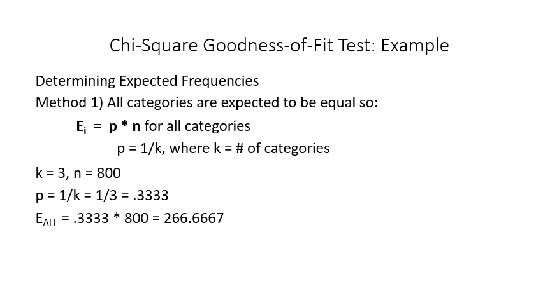The expected is going to be the same for all categories, 266.67. You notice I put it out to 4 decimal places here because I prefer, before you get to the final step, it reduces rounding errors. But if you did it just to 2 decimal places here, I wouldn't mark you wrong. I prefer you go to 4 decimal places until the final answer.